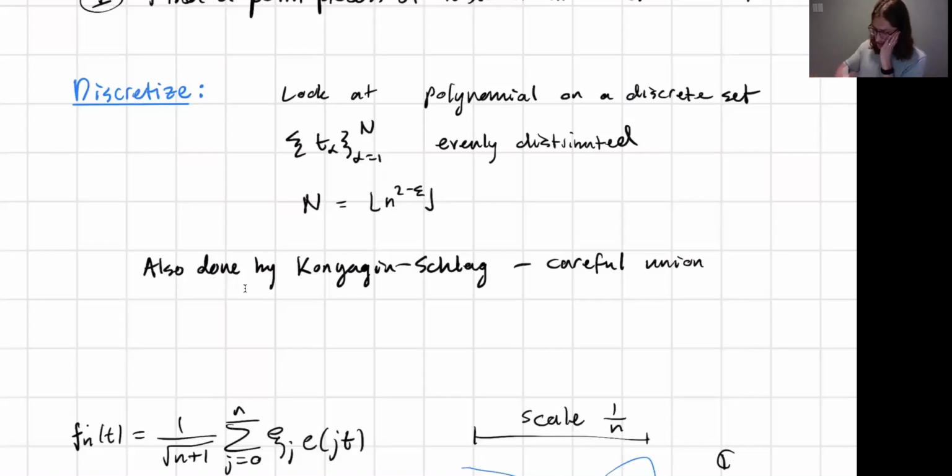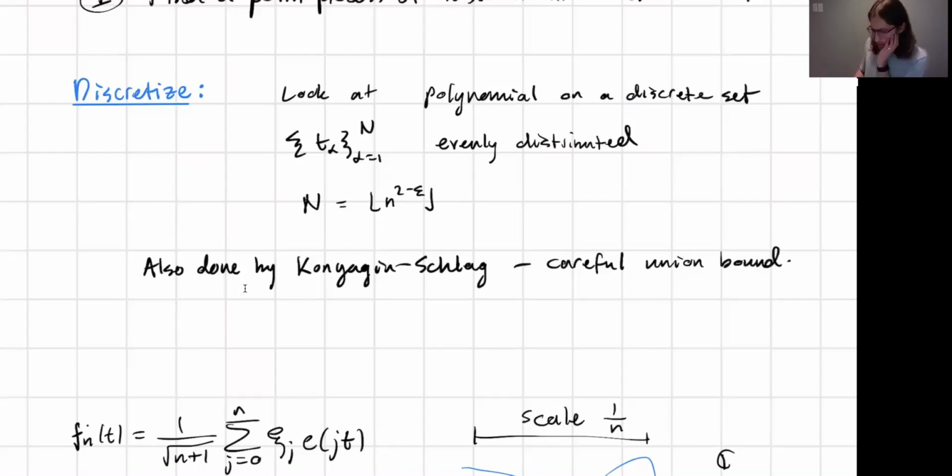And you'd like to just do a union bound over this many points. You can't do that, because the quality of your small ball estimate, the quality of your bound on the probability that it's small at some given point, depends on proximity to roots of unity, as we'll see. And so it's not as simple as taking a single union bound. You have to categorize points and do a stratified union bound. So it's a careful union bound.